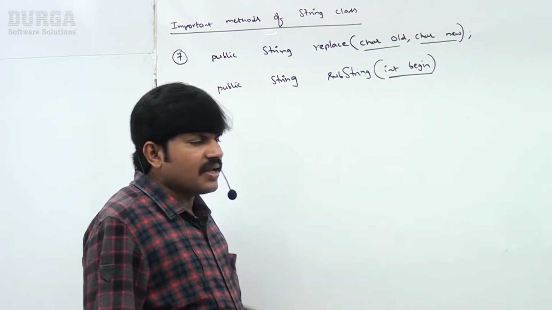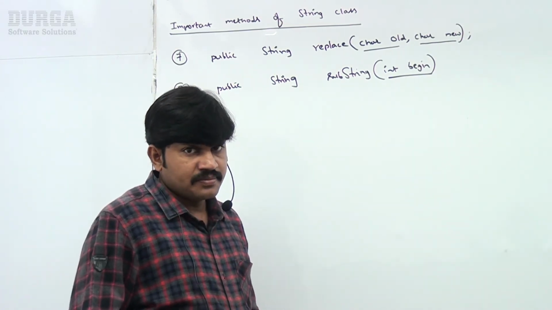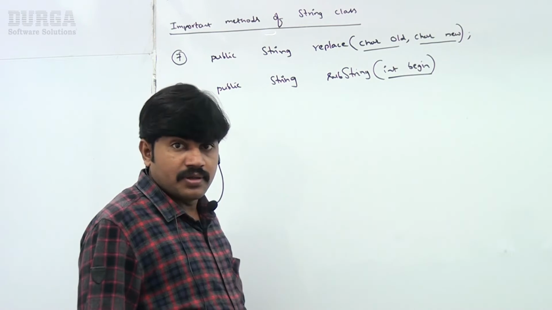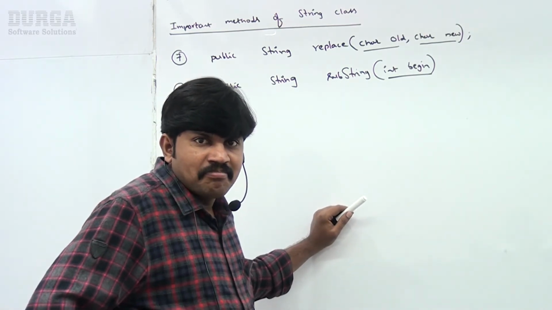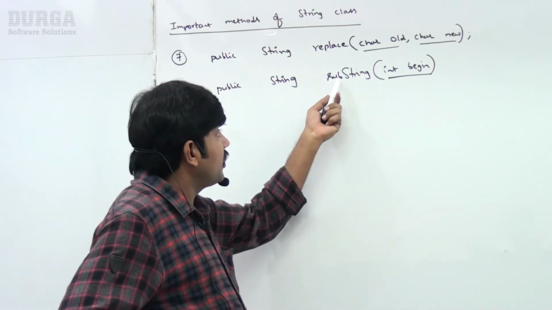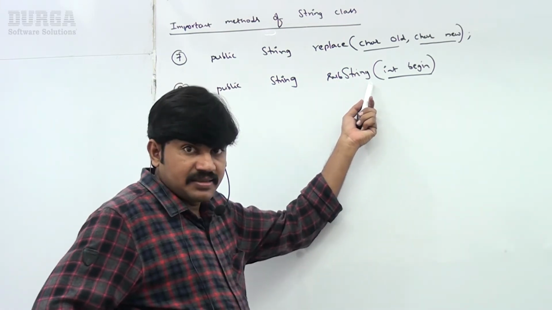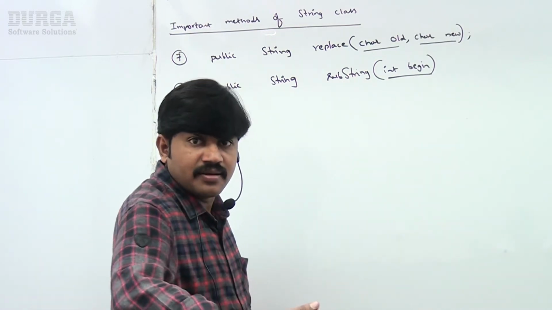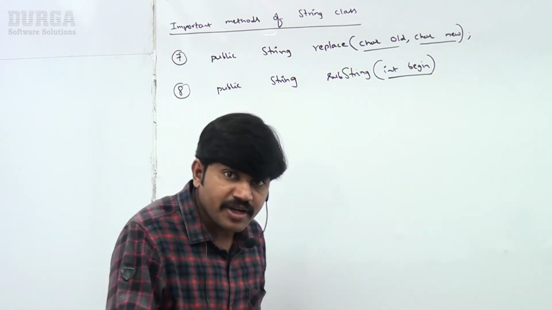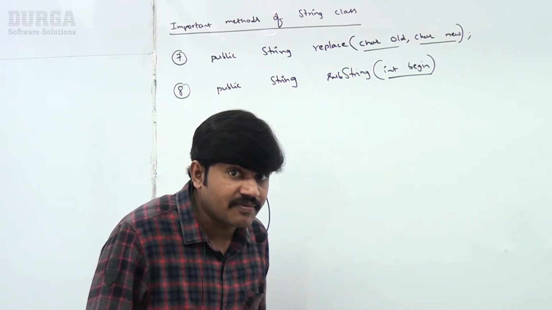Sir, can you please tell, is it valid or not? Whatever I wrote on the board, is this method valid or not? Substring, S-U-B, S-T-R-I-N-G. Here you see I'm taking the capital S, like two words where every inner word starts with uppercase, the camel case convention in Java.